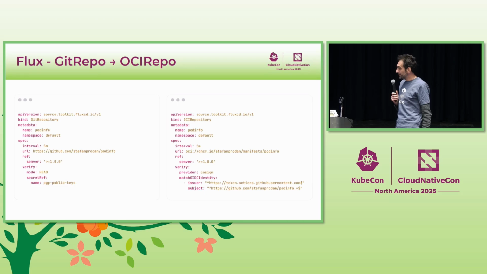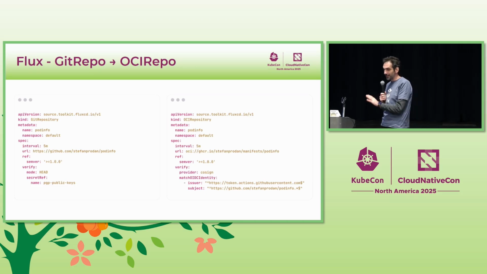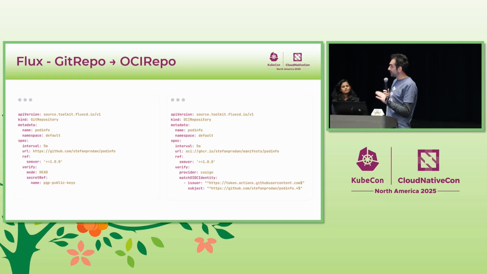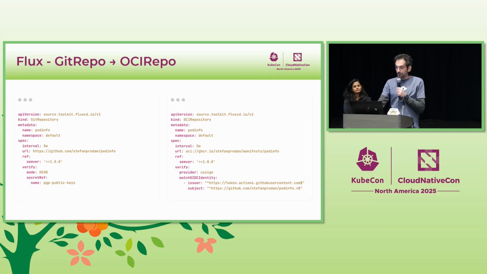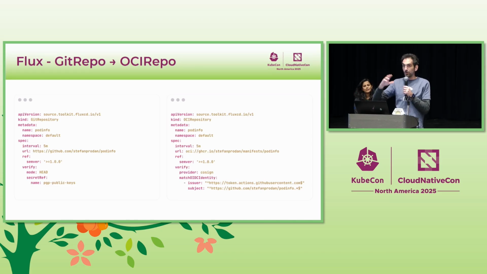So I don't think it's quite hard. I've seen Flux users building tooling for doing this migration from one to another. So this is for when you use Flux customizations to apply YAMLs and customize overlays. Instead of Git, now you can apply them from an OCI artifact.